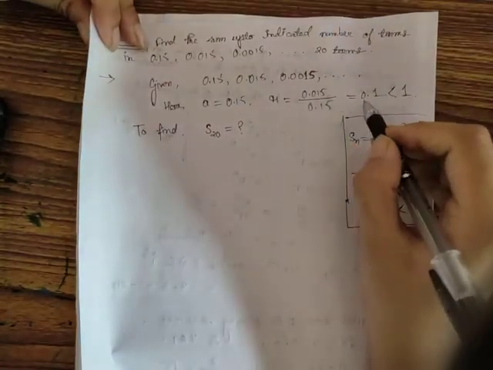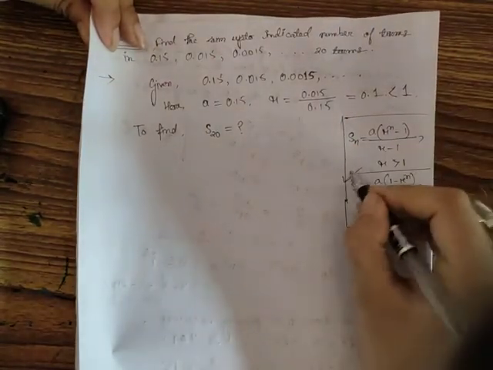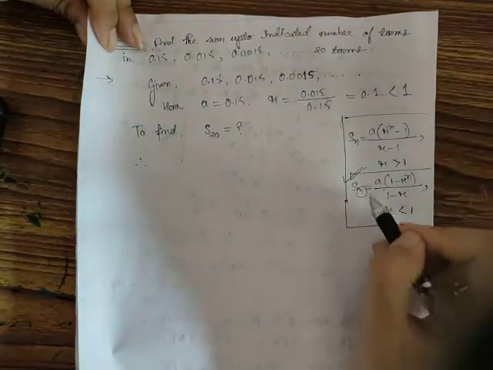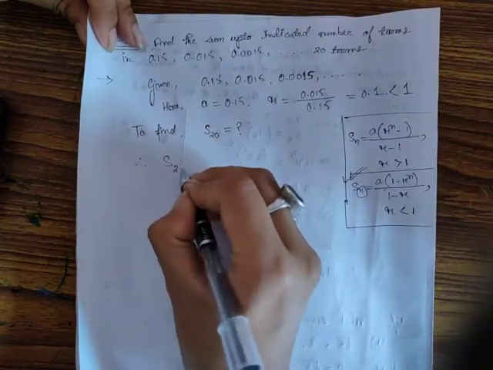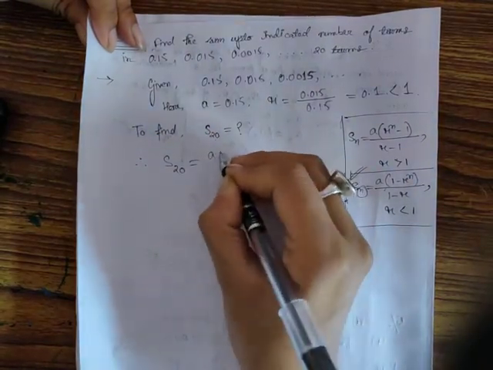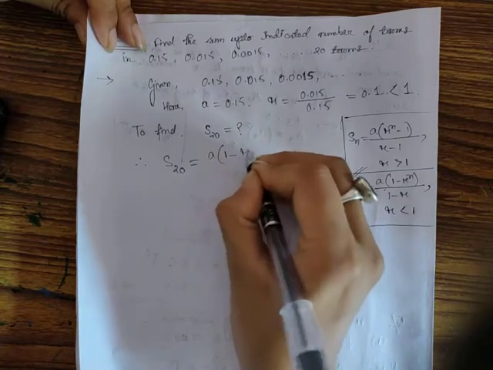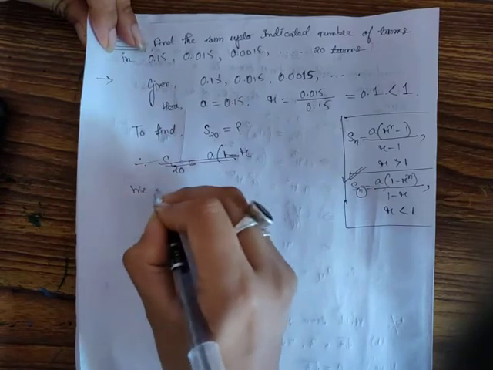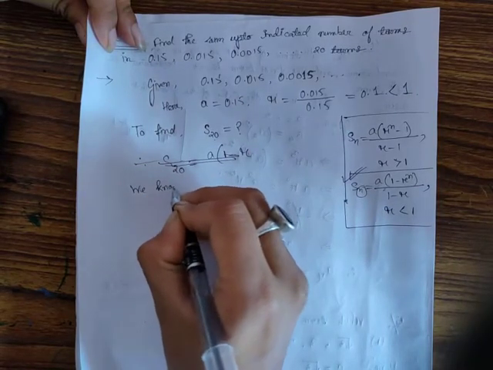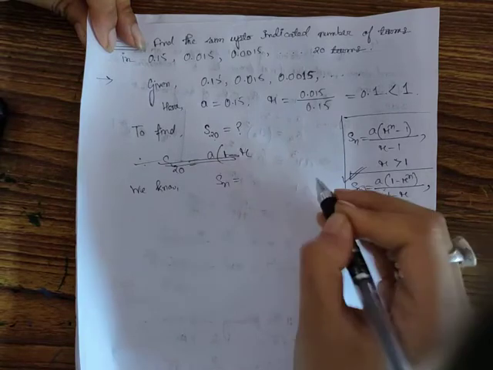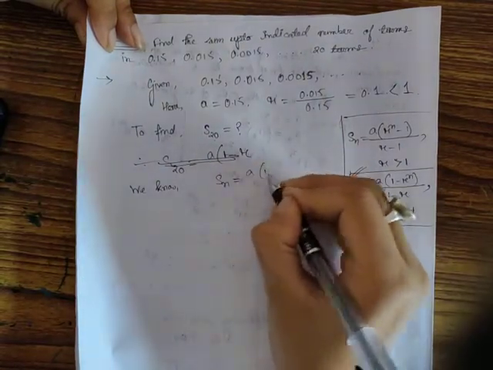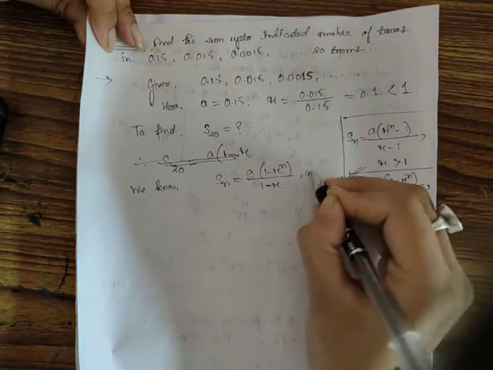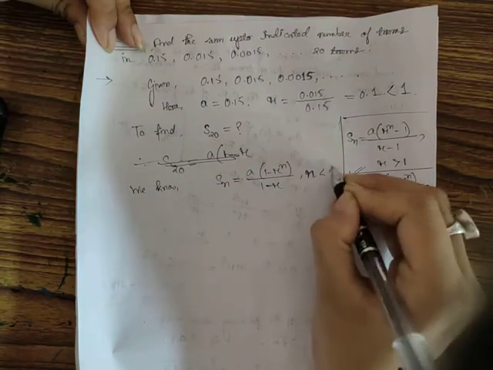So now here r is 0.1, which is less than 1. So we will use this second formula. Therefore, in place of n we have 20. First write the formula: Sn equal to a(1 minus r^n) divided by (1 minus r), where r is less than 1.